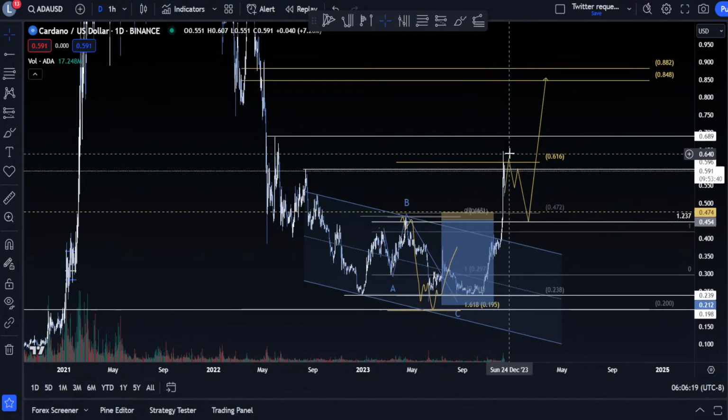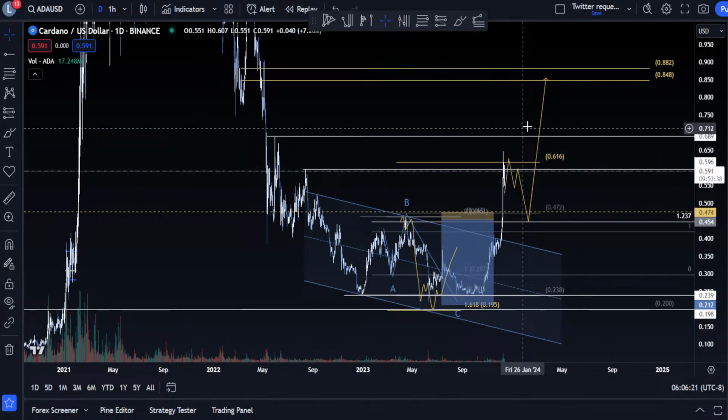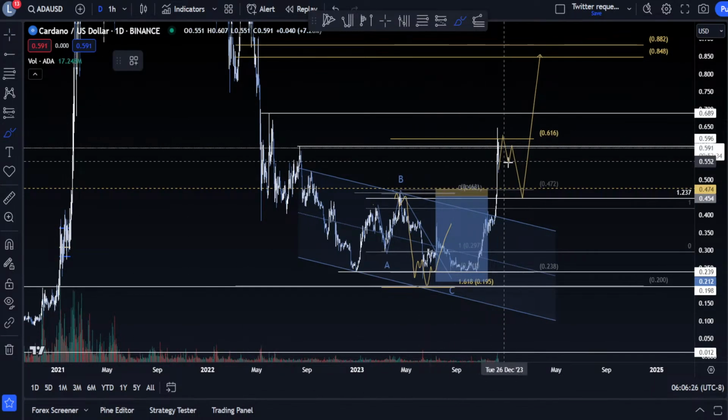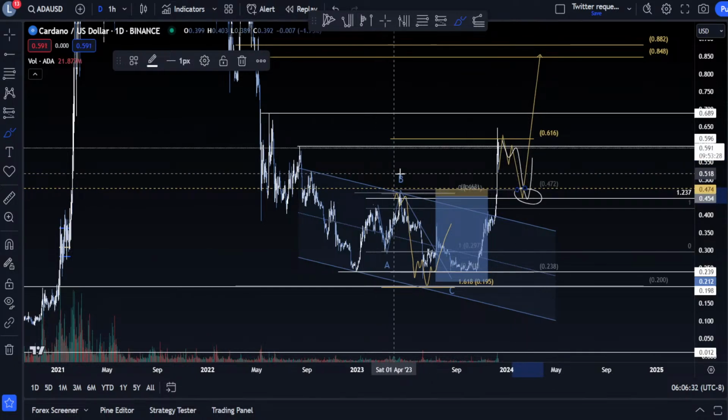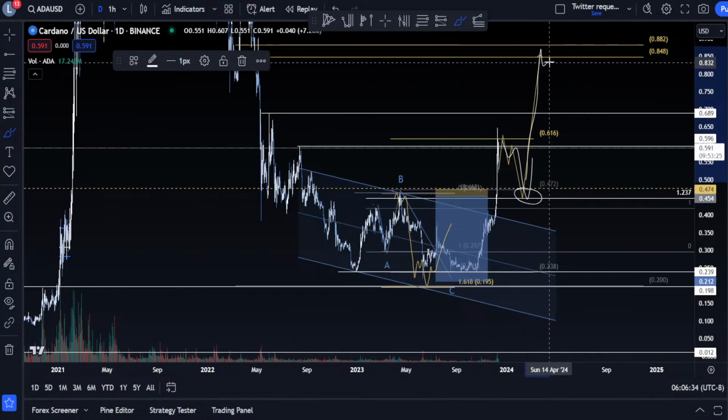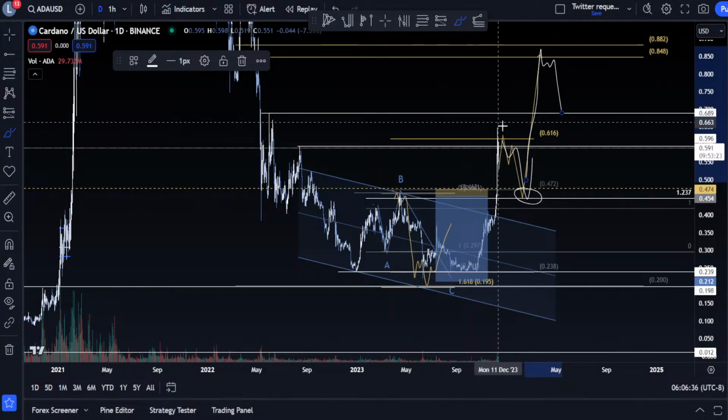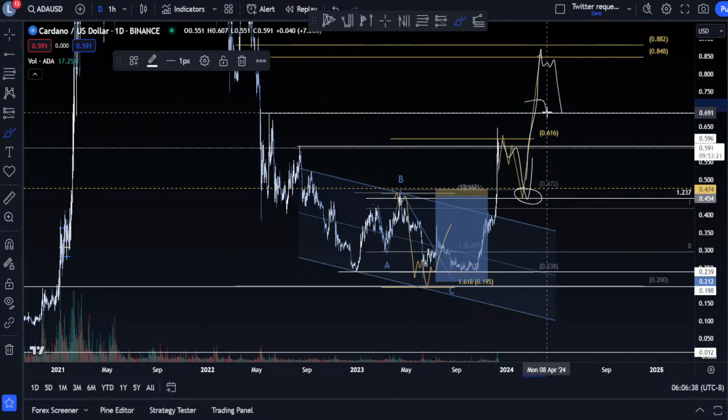It's a pretty strong impulsive move. There's probably going to be a fifth wave or extended third wave. I'd be interested if we can get a deeper retracement and looking for a long on a retest on something like this on Cardano up into the 84 cent region. Probably getting a TP up here.